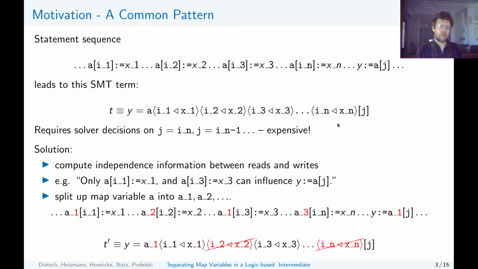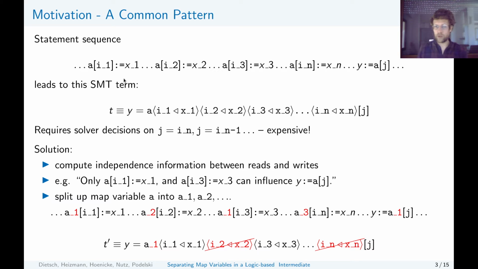So our approach to this problem is to compute beforehand independence information between reads and writes. We try to find out, is it even possible that A is written by this first statement at I1 in a way such that this value even reaches this read.